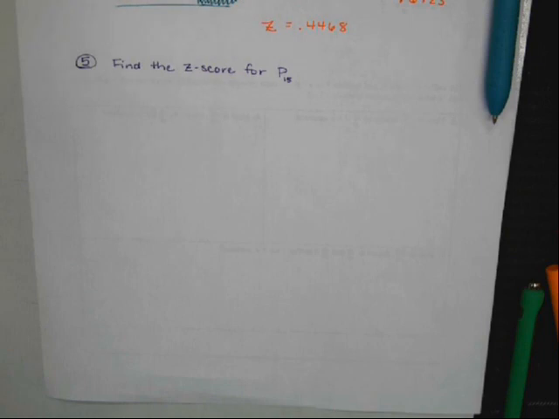As far as where that would be on a curve, where would the 90th percentile be? Yeah, it'd be up towards the top, right? And when they're talking percentile, what they mean is 90% of everybody else is below you. So when they're mentioning percentiles, it is from the left. Unless they say you're in the top 10%, but they won't use the word percentile because percentile accumulates from the left. Does that make sense? The top 10% would be the 90th percentile. So whenever they say percentile, they're talking about accumulating from the left.